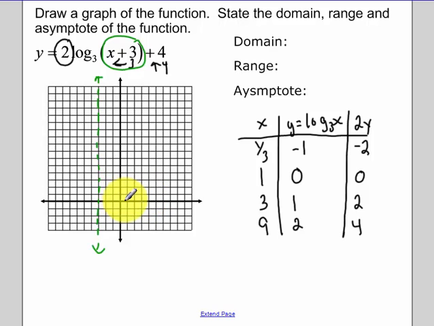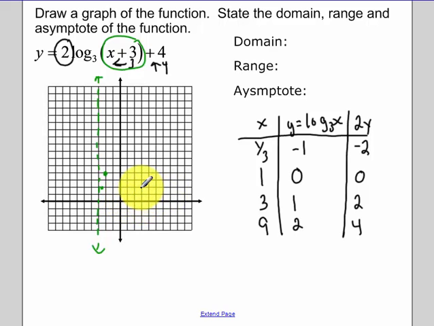Okay, so normally I'm at 1/3, -2, and I'm going to shift this over 3 and up 4. I'm at 1, 0. I'm going to shift this over 3, up 4. Normally I'm at 3, 2.